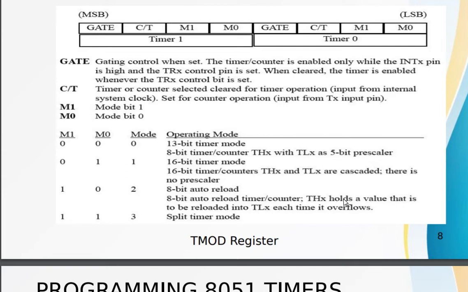It is given to the lower byte, where the lower byte counts from that value, and after that it reloads automatically. In split timer mode, you can stop and start the timers.